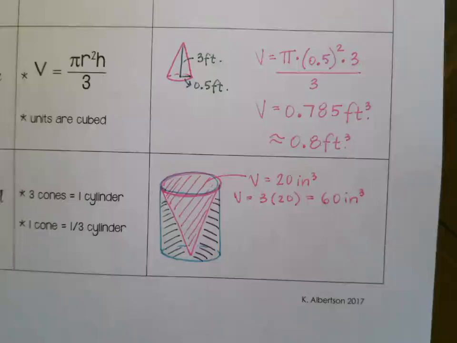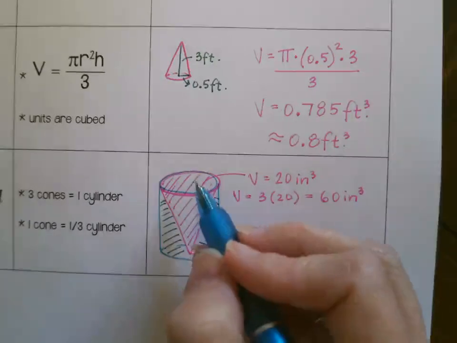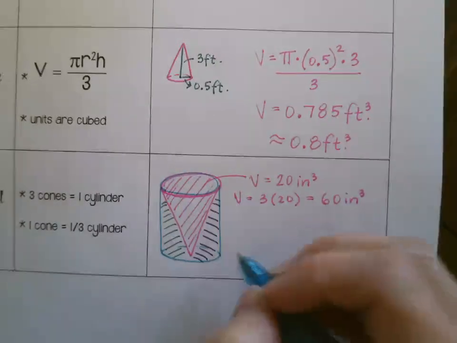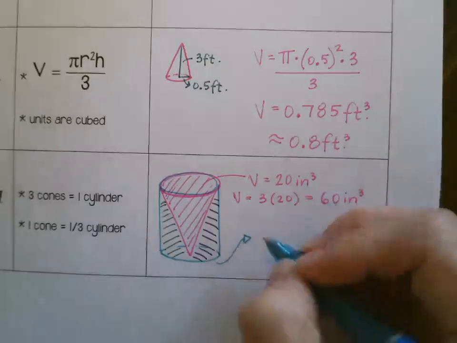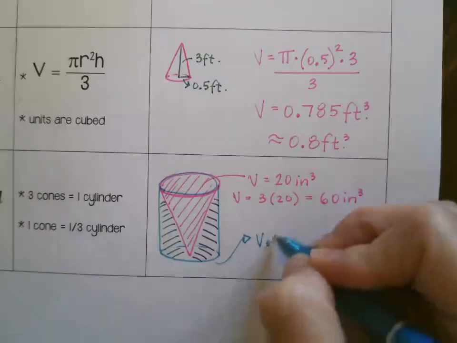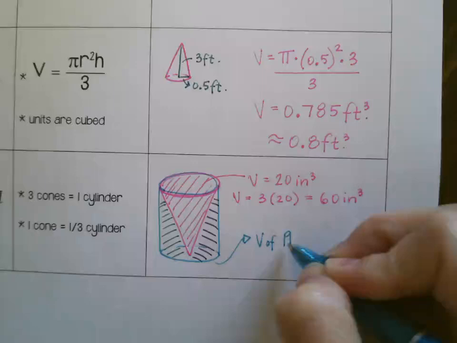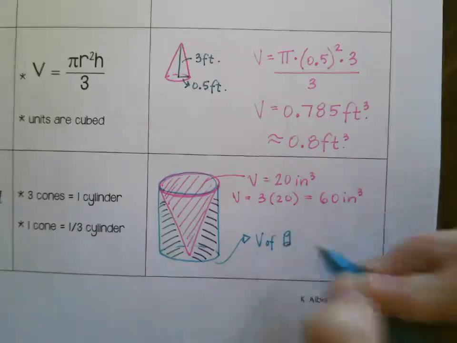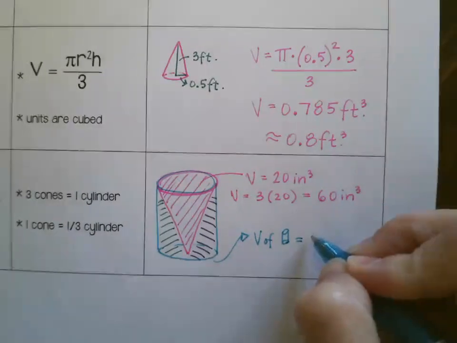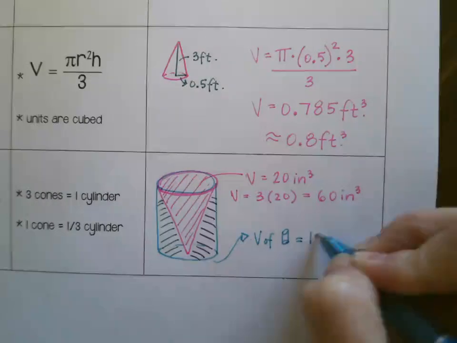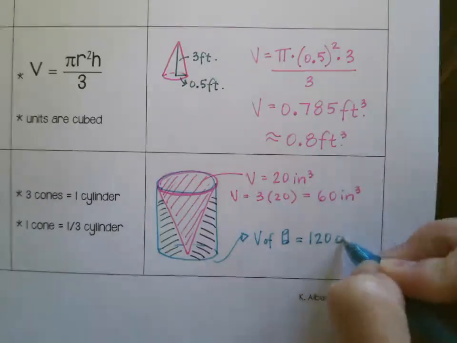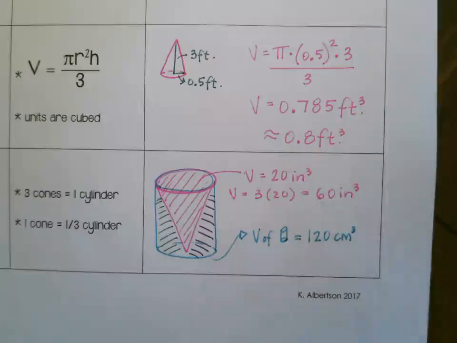All right, just to go backwards on this one, let's say that I told you that the volume of the cylinder is, let's say, 120 centimeters cubed.